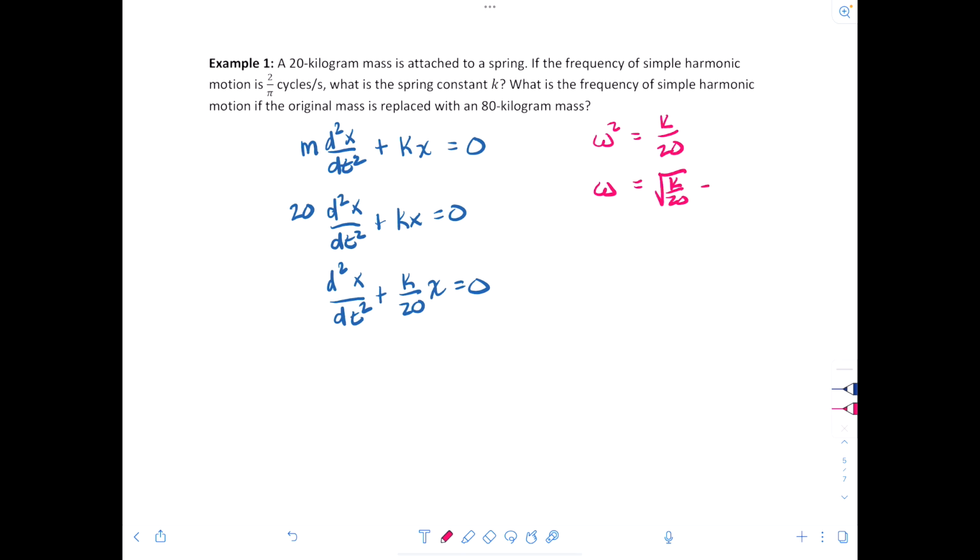But 20 has a perfect square in it, so that'll be root k over root 4 times 5. So we can take that 2 out of that denominator. We'll get a 1/2, and I'll put that root back together again. We'll have k over 5. Cool so far? So that's omega.